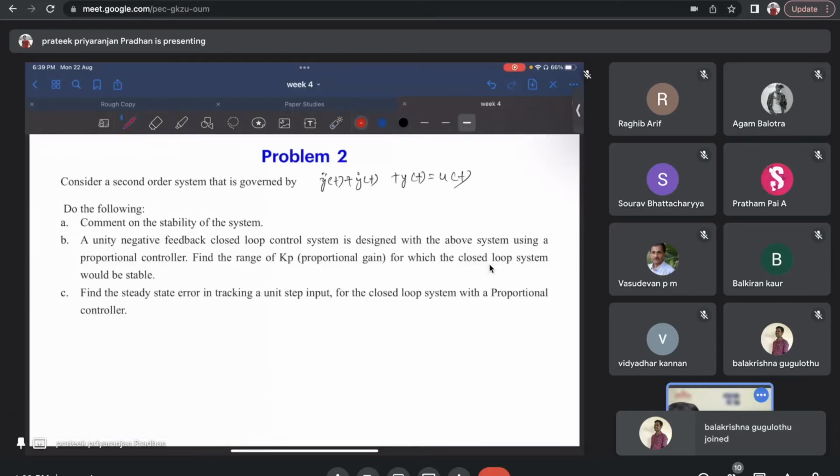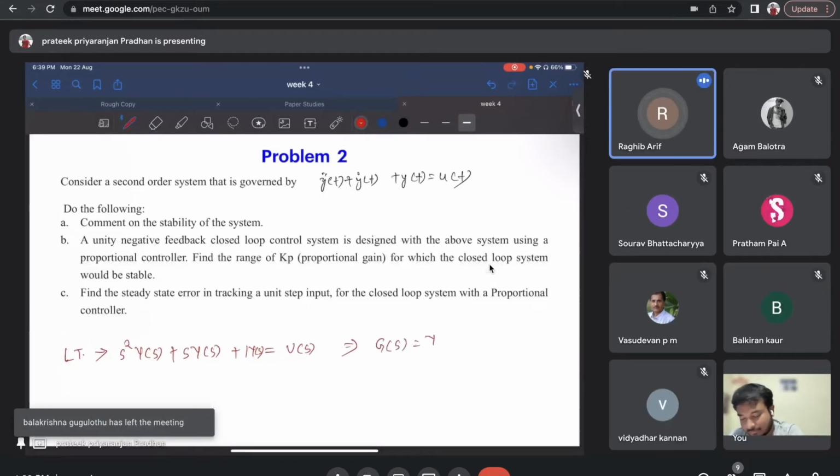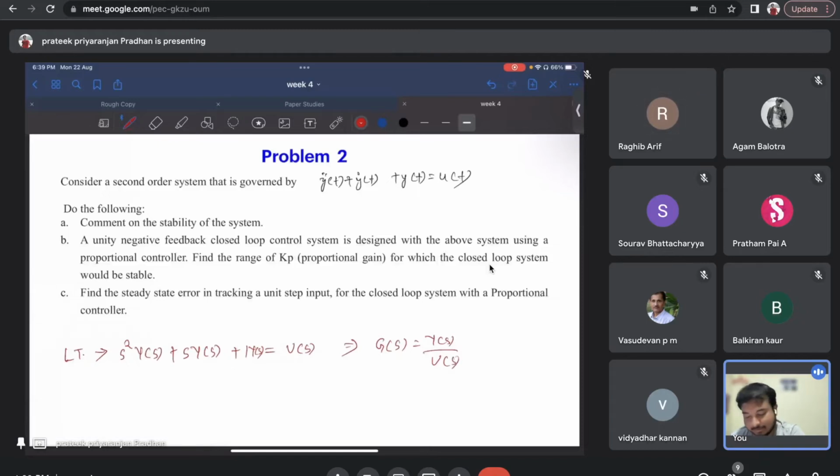So let's do the Laplace transformation. It's s square Y of s, and I have assumed zero initial conditions. S Y of s plus 1 Y of s is equal to U of s. That means the system transfer function G of s is equal to Y of s by U of s. Yes, very good. It will be stable.